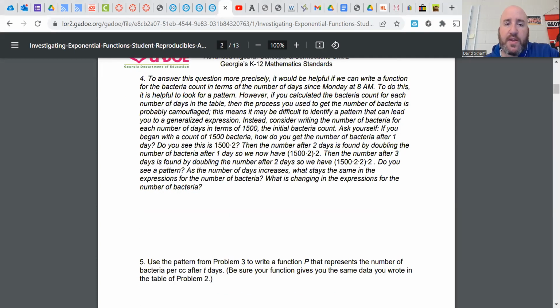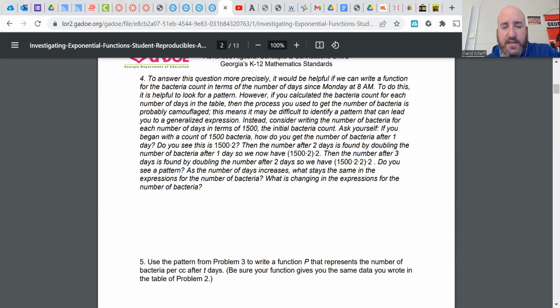Number 4. To answer this question more precisely, it would be helpful if we can write a function for the bacteria count. There's a lot you can read there. I read it in class, but basically we're trying to find a pattern. So what do we do on day 1? We started with 1,500 bacteria and doubled it. So how do you get the number of bacteria after 1 day? We got 3,000, which is 1,500 times 2.